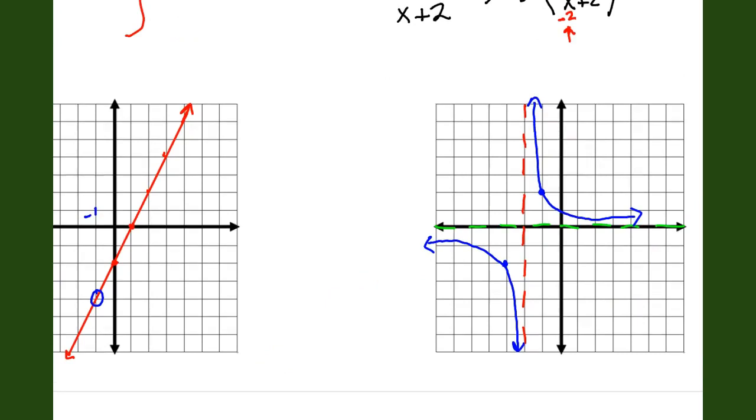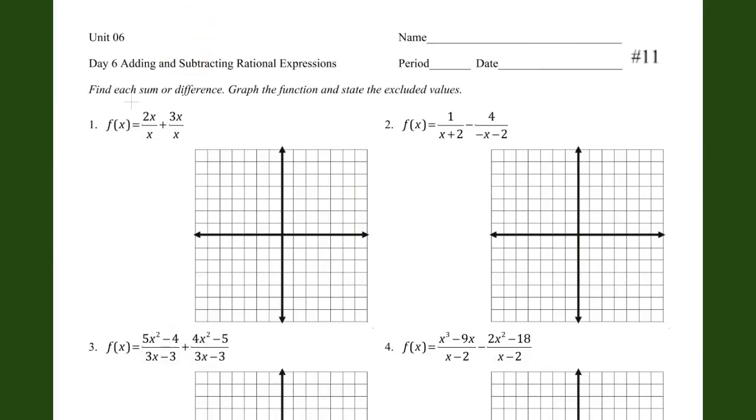All right, let's look at the homework. Just get a few of these started. Now, if you think you got the hang of it, you can probably try some on your own, but just watch out for those open circles.